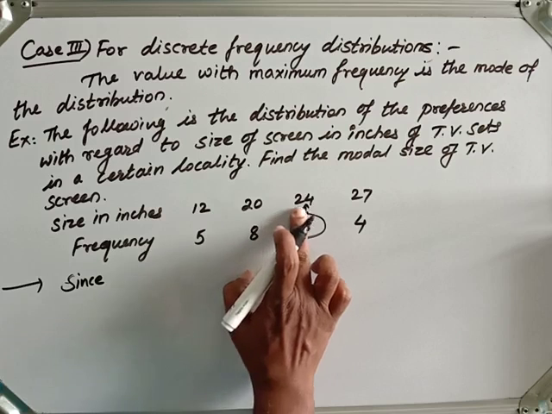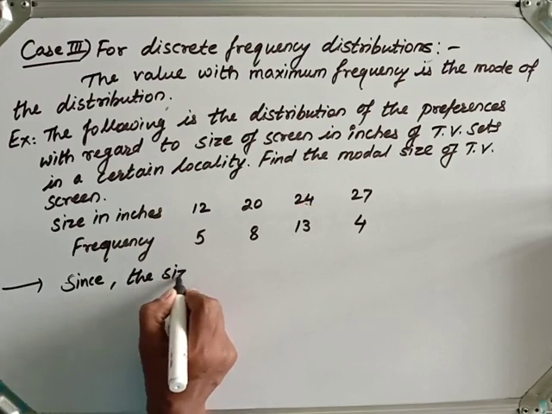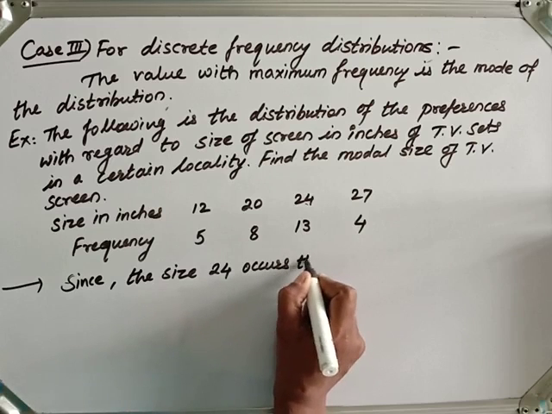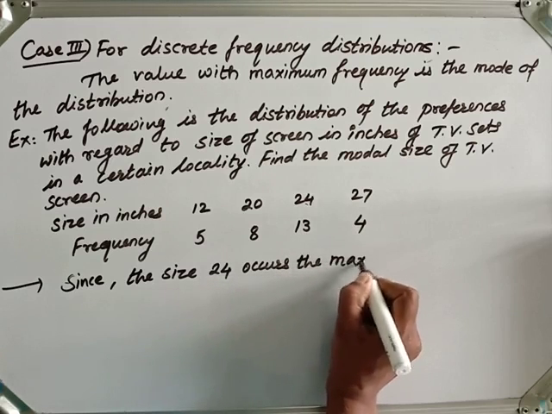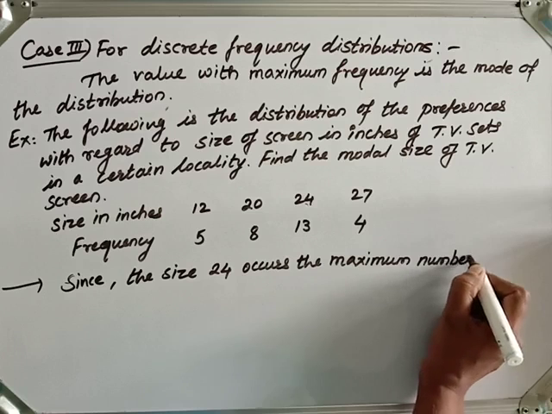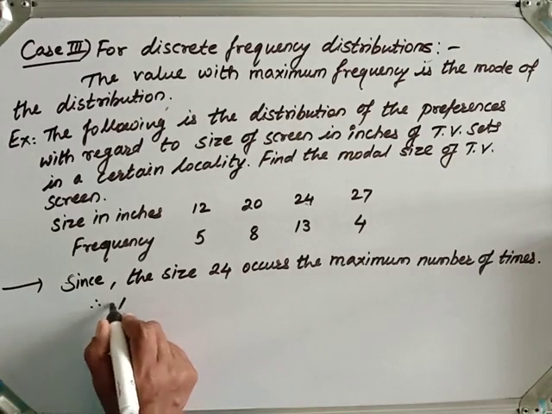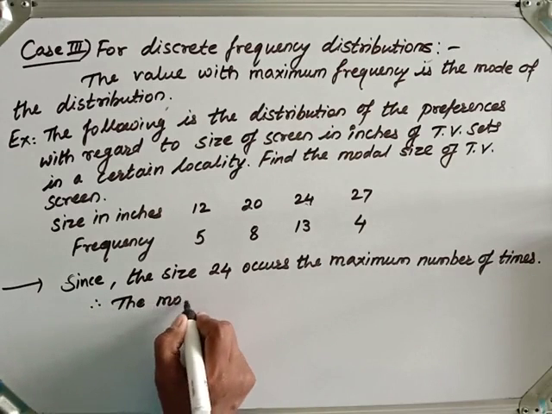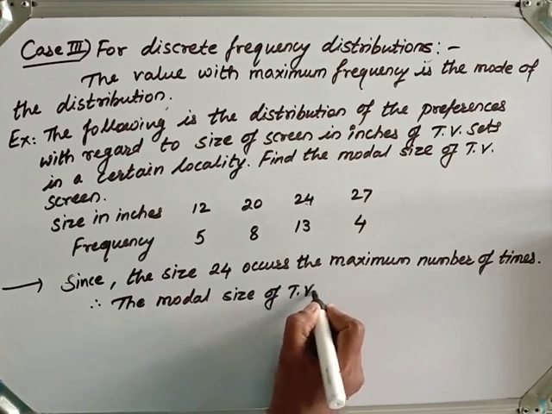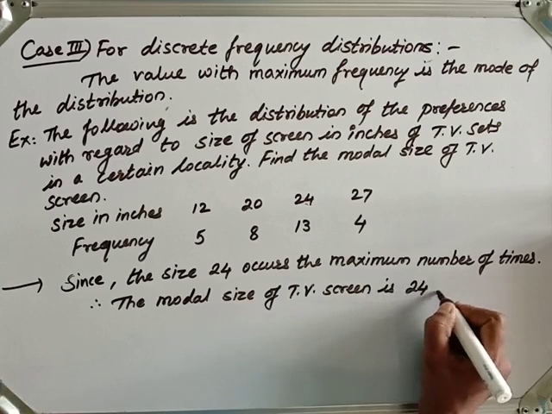So here I can write the answer. Since the size 24 occurs the maximum number of times, therefore the modal size of TV screen is 24 inches.